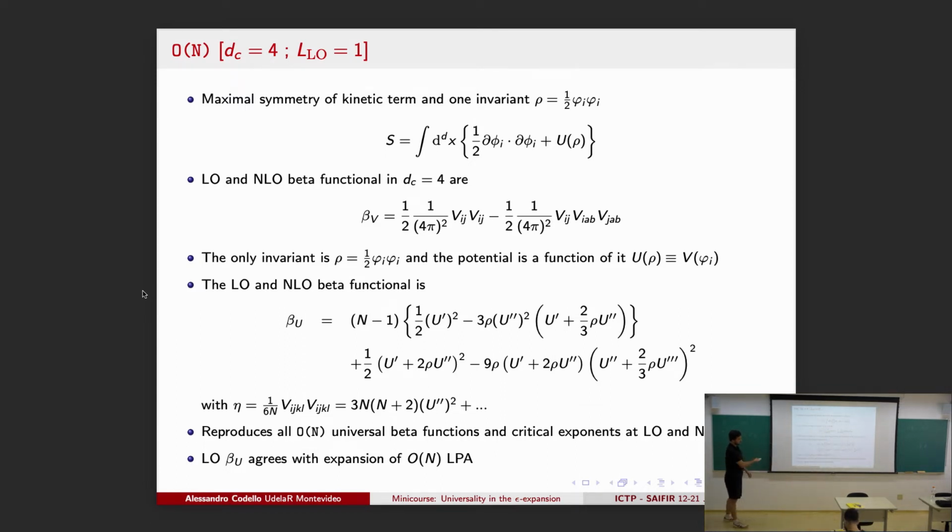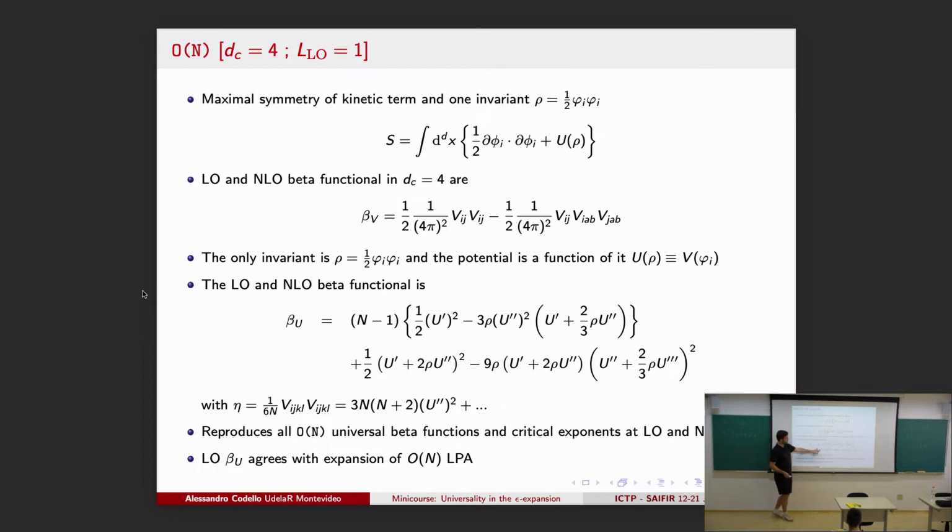We can do that, and we're going to do it so that we also do some exercise, and it's not just like a seminar. You do that, and this expression transforms into this one. And so this is the beta functional for the potential of an ON theory.